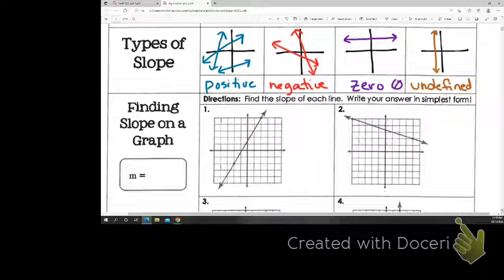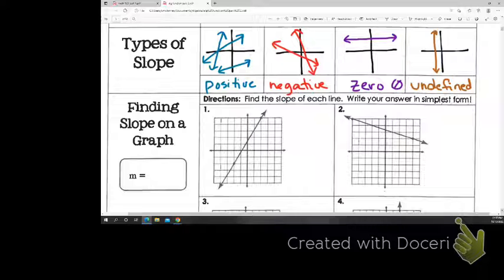Like just trying to climb up the sheer face of a cliff. For those last two, there's no number. If you see that it's a horizontal line, there's no math that you have to do. You can just say 0. If you see that it's a vertical line, we can simply say undefined. We don't need to count the rise or count the run.